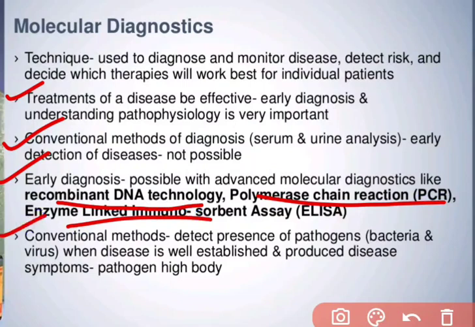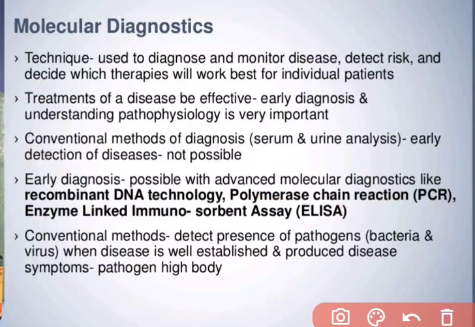When the amount of pathogen, virus or bacteria is high, signs or symptoms will appear. If we detect the disease at that time, the chance of cure, of clearing the infection, is very low. So definitely early detection is the main procedure here.